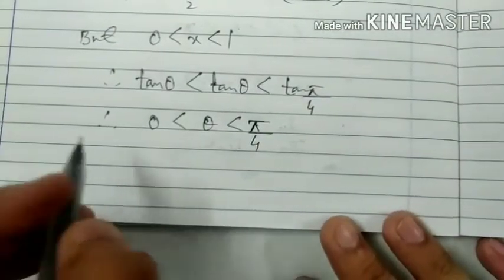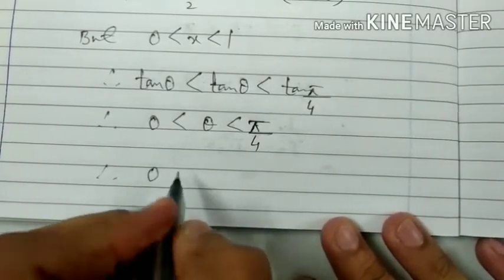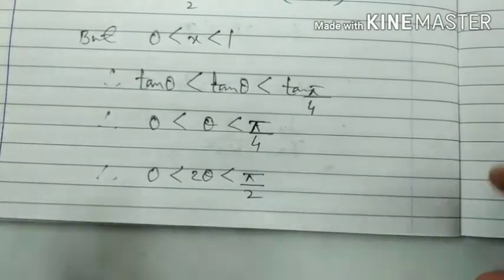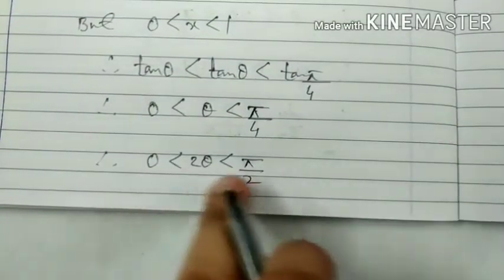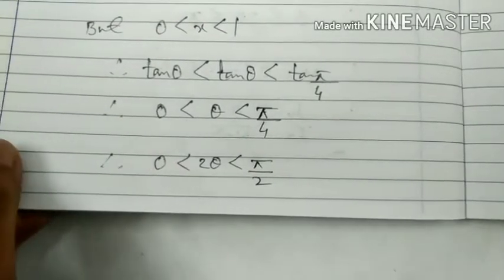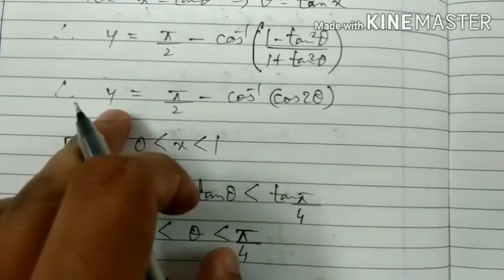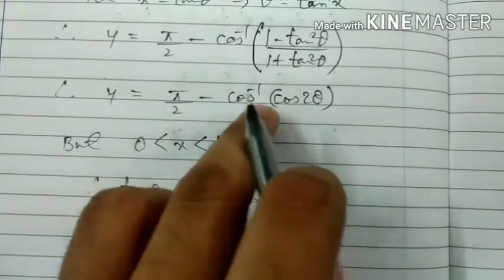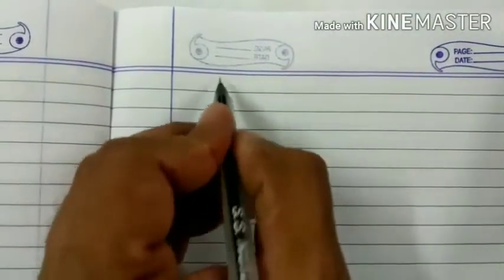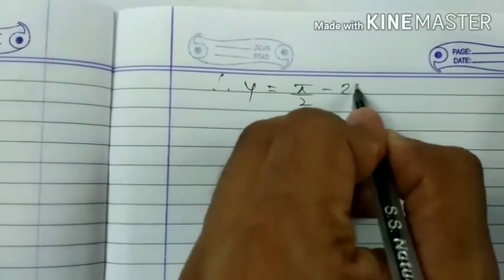We need to find the range of 2 theta, so multiplying this inequality by 2 will give the range of 2 theta. So 2 theta lies between 0 and pi by 2, which is already the range of the cos inverse function. Hence our term gets simplified as y equal to pi by 2 minus 2 theta.